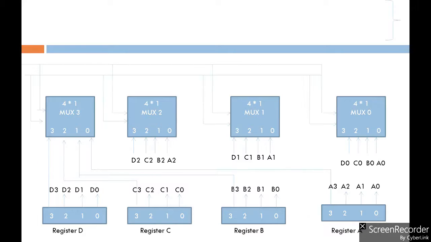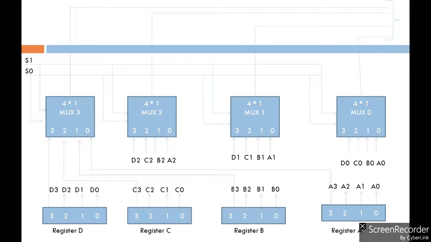Now let's see the control bits, that is S0 and S1. All the lines from S0 and S1 are connected to each and every multiplexer as control signal lines. So this is how control bits are connected, and they are denoted as S1 and S0.